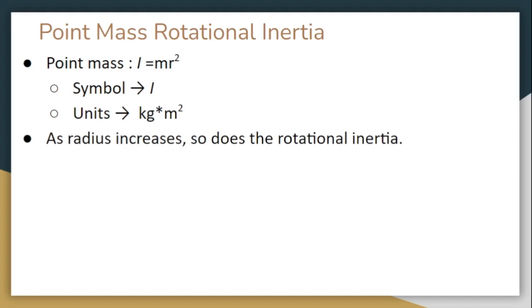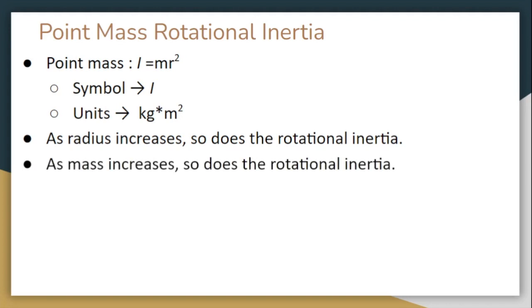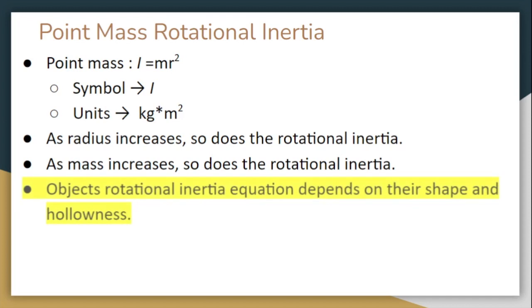We can see from this equation that as radius increases, so does the rotational inertia. So the bigger radius an object has, the more rotational inertia it will have. And we can also see that as mass increases, so does the rotational inertia. So the more mass an object has, the more rotational inertia. Again, the rotational inertia just tells us how easy or difficult it is to change the spin of an object.